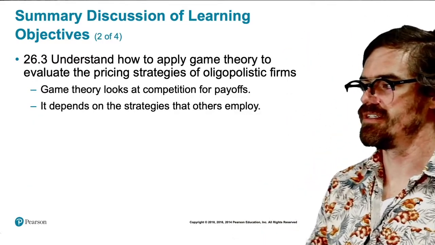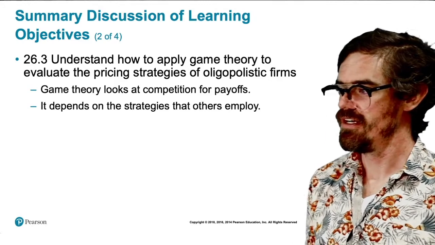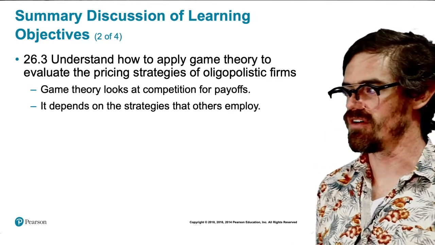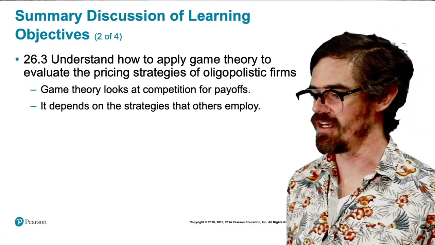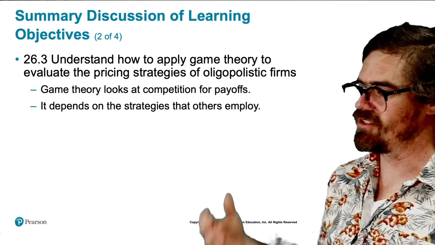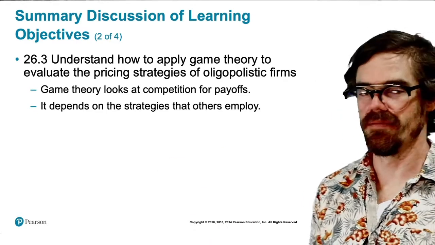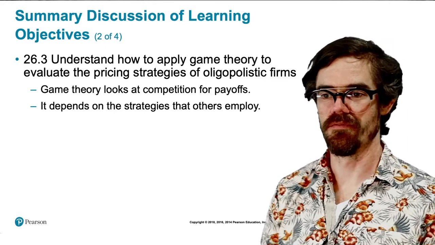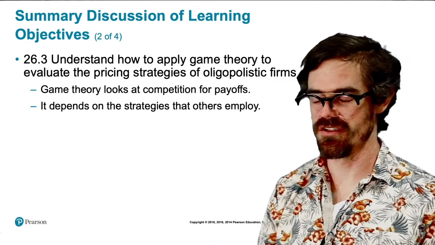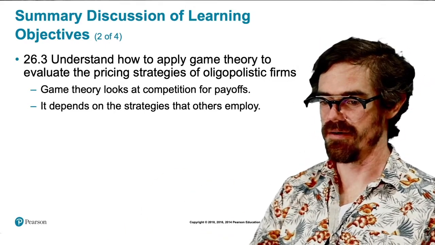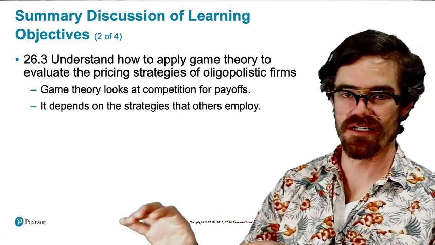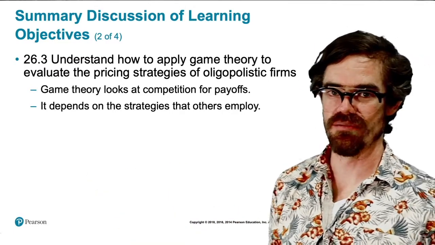We looked at how we can apply game theory to evaluate pricing strategies of oligopolistic firms. So looking at competition for payoffs and how firms have reaction functions. They might respond differently depending on what their competition does.